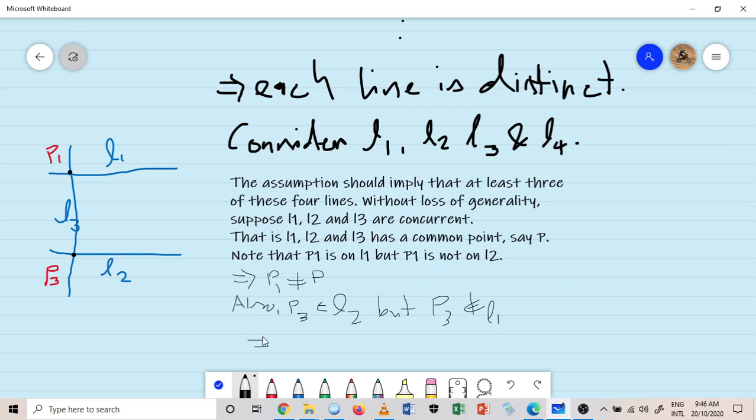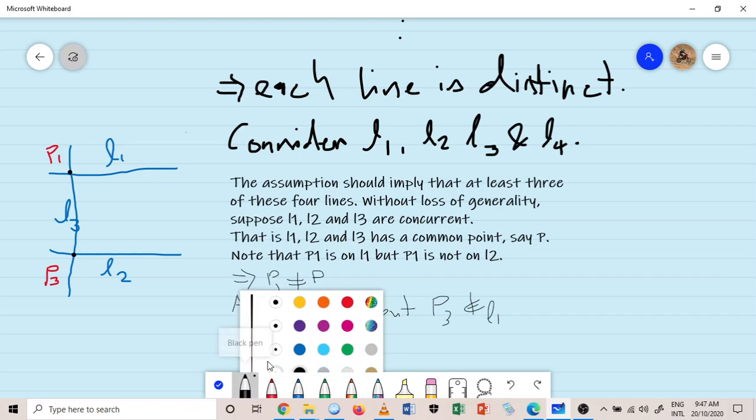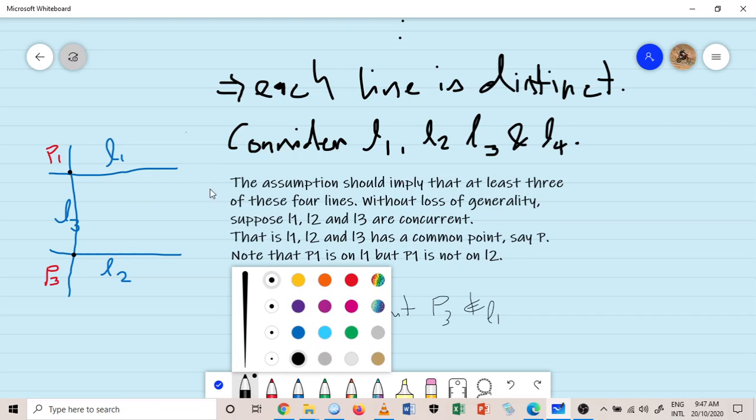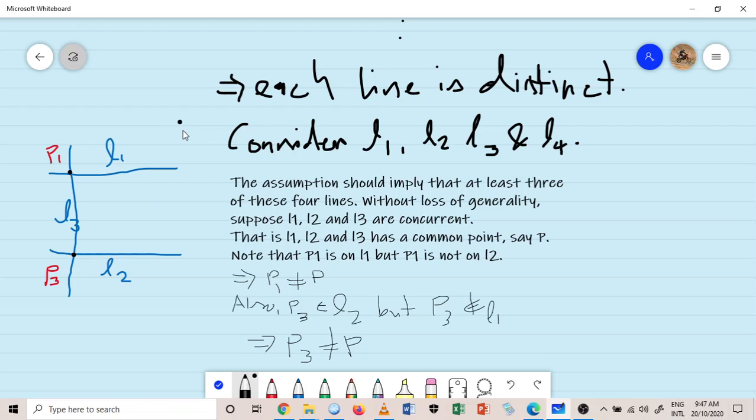So this should imply that P3 cannot be this point P that we say is common to all three of them. So there must be another point. There should be another point P here, other than P1 or P3. So here is P.